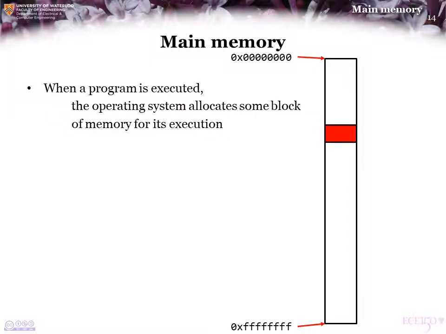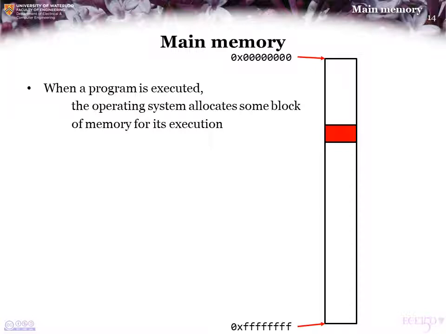Now, when a program is executed, the operating system is going to allocate some block of memory for the execution of that program. So for example, in this image here, suppose we start executing a program and the operating system allocates 256 megabytes for that execution.